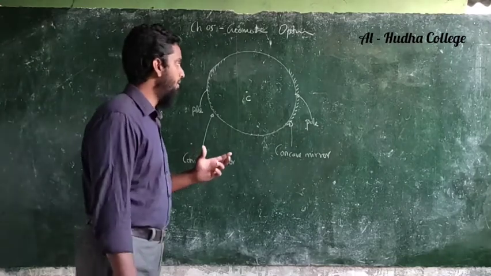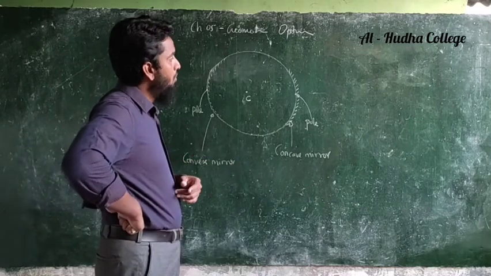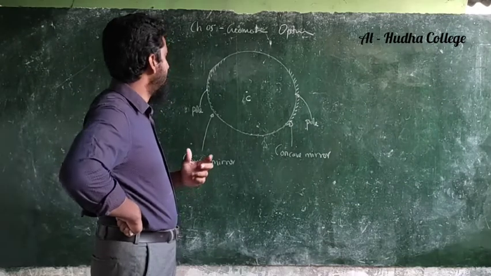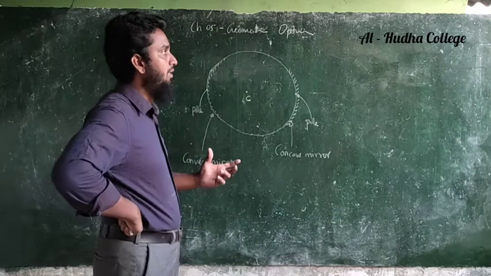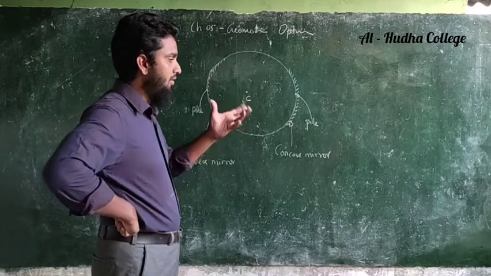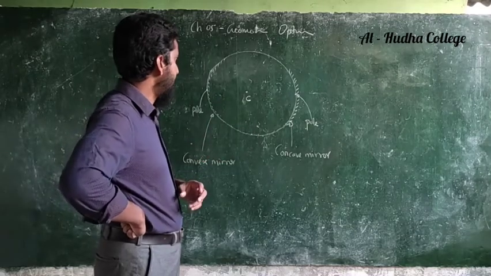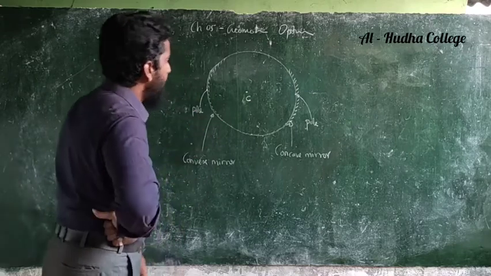Those arrangements are very necessary to draw the ray diagrams and to understand the image, where we are going to get the mirror image and the characteristics of the image which has been formed in this curved mirror.